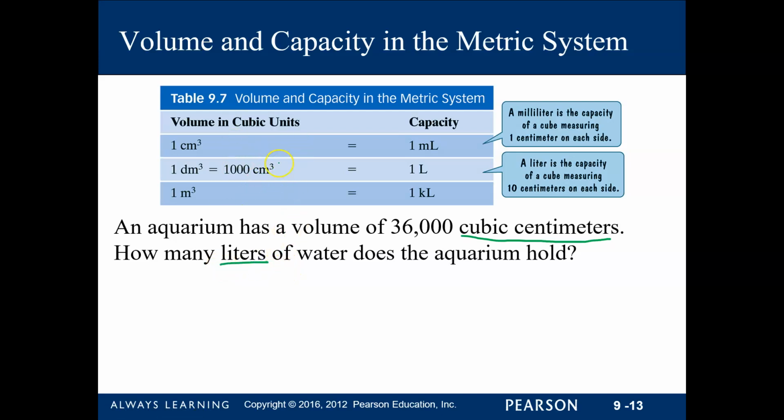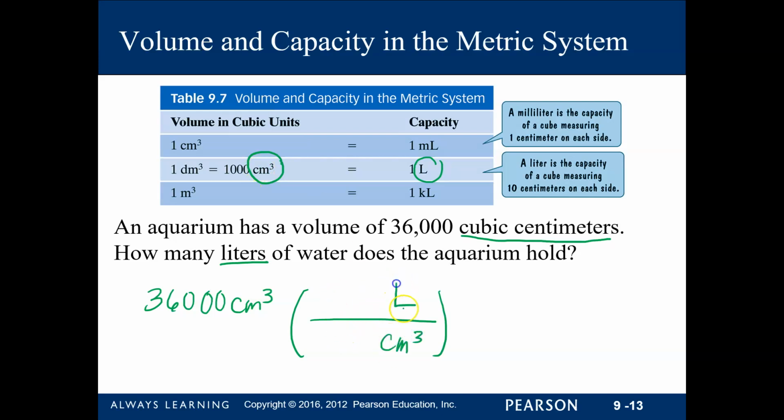If you take a look here, we have cubic centimeters and 1 liter. So we can do dimensional analysis. 36,000 cubic centimeters. We can use a conversion of what? Cubic centimeters is at the bottom, liters is on the top. There's going to be 1,000 cubic centimeters to every 1 liter.